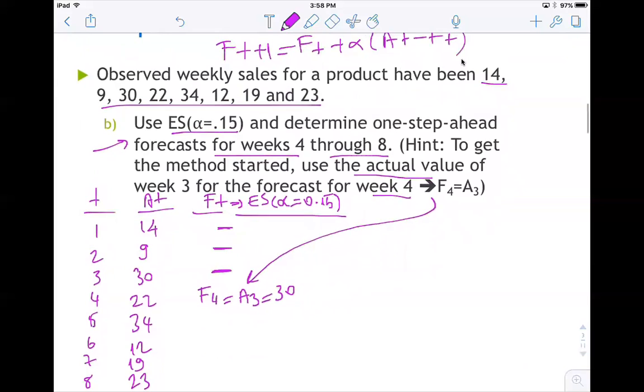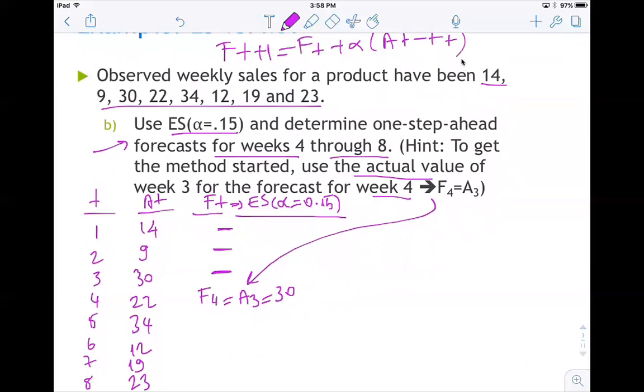According to this formula, if I'm looking for F5, then I need F4 plus my alpha value times A4 minus F4. See, since I'm using this F4 value here, I need a value for F4, and it is going to be coming from the question as a hint.